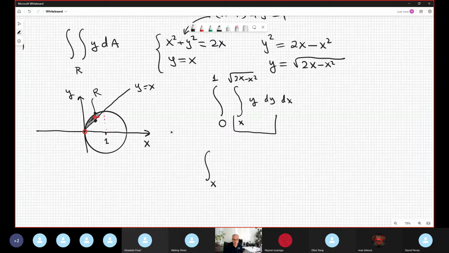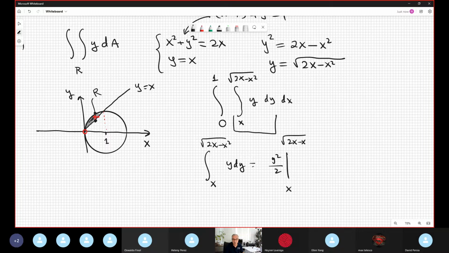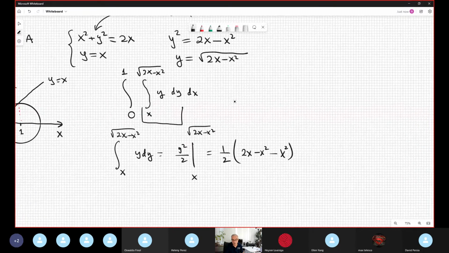Integration from x to the square root of 2x minus x squared of y dy is y squared divided by 2, no? Evaluated between x and the square root of 2x minus x squared. This is 1/2. Square this guy is 2x minus x squared, minus square this guy is x squared. Actually, we combine like terms.